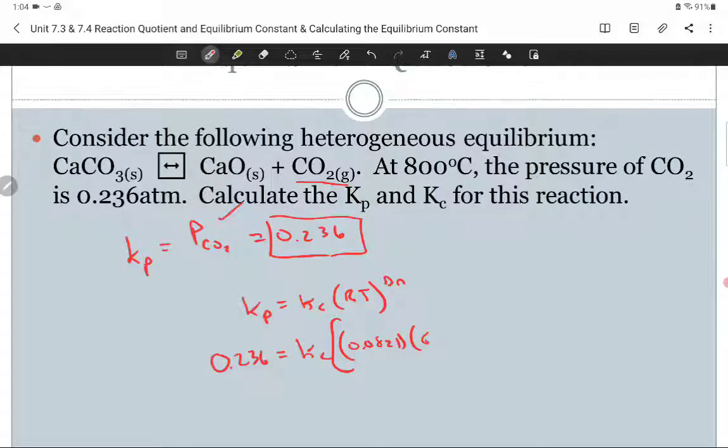Temperature, 800 Celsius, but to get it into Kelvin, you need to add 273 to that. So let's put that in there. I was almost going to put 800 in there.